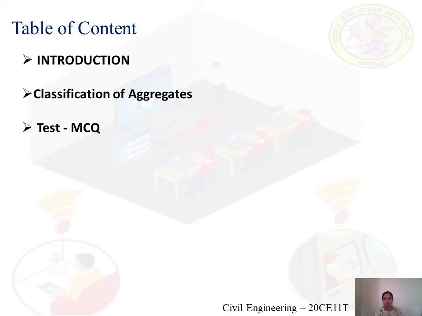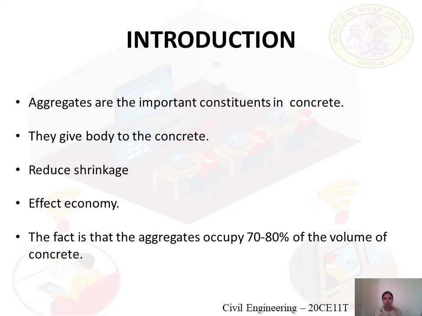The aggregates are further divided into fine aggregates and coarse aggregates. That's why four constituents of concrete are there: cement, stone aggregates, which is known as coarse aggregate, sand, which is known as fine aggregate, and water. These constituents make concrete.